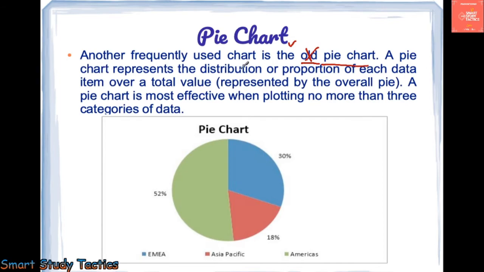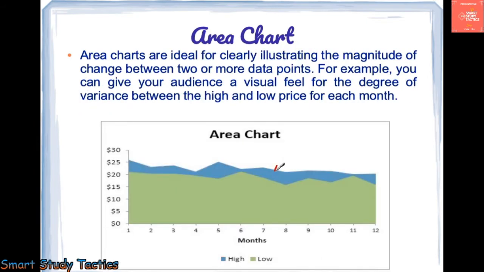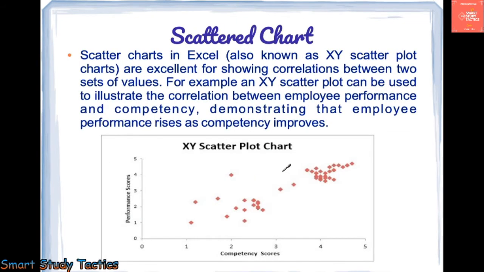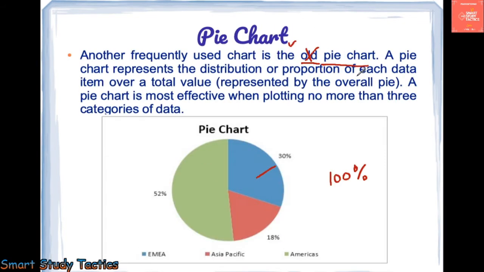A pie chart represents the distribution or proportion of each data item over a total value. Means this complete circle represents 100%, and in this 100%, this 30% is representing something else, this 18% is representing something else, this 52% is representing something else.